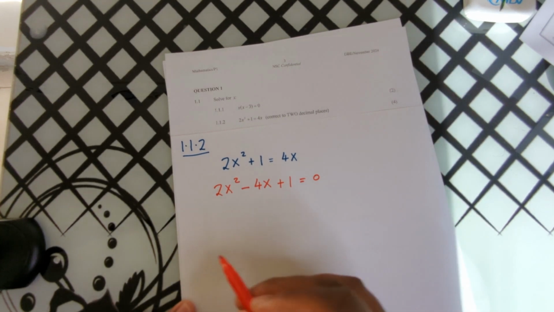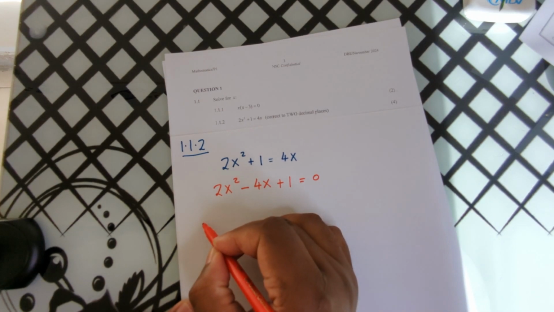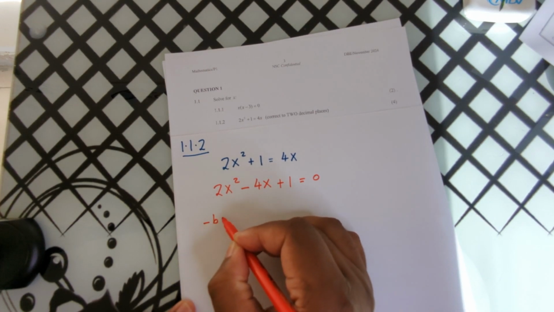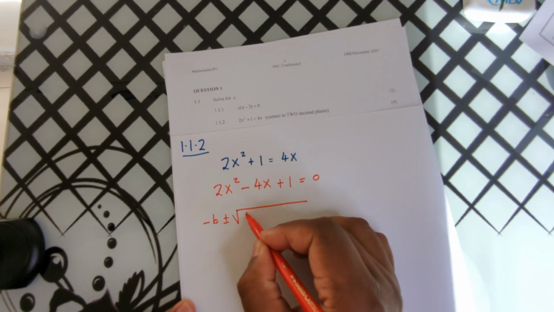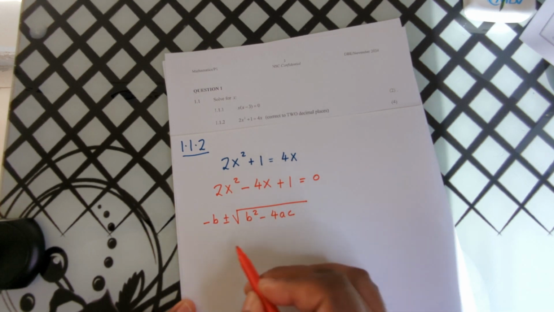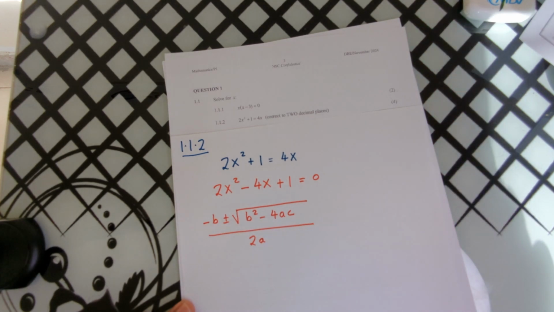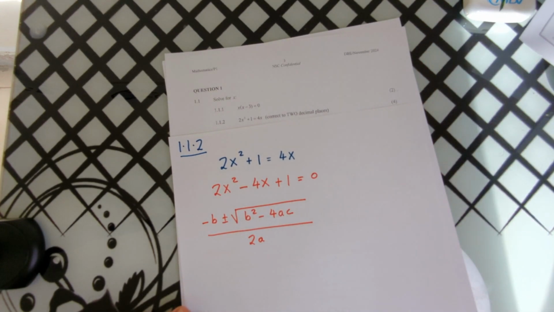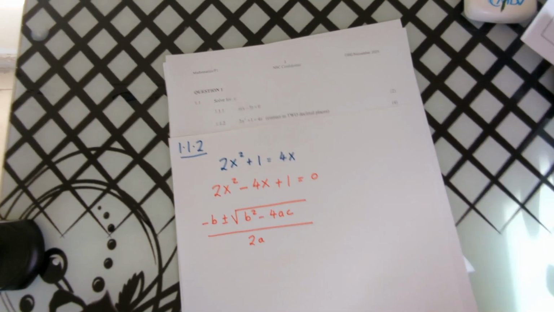And now let's go to our quadratic formula, which says x is equal to minus b plus or minus the square root of b squared minus 4ac, everything divided by 2a. So what we need to do is to identify our a, b, and our c.